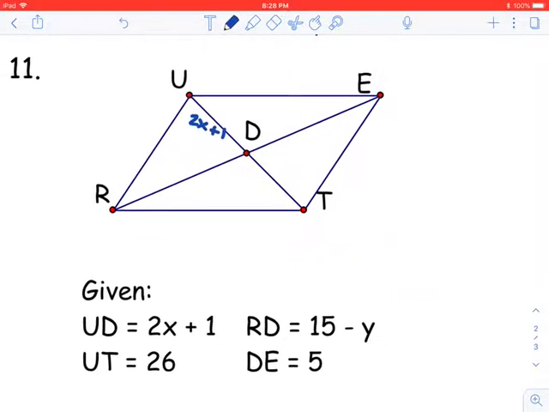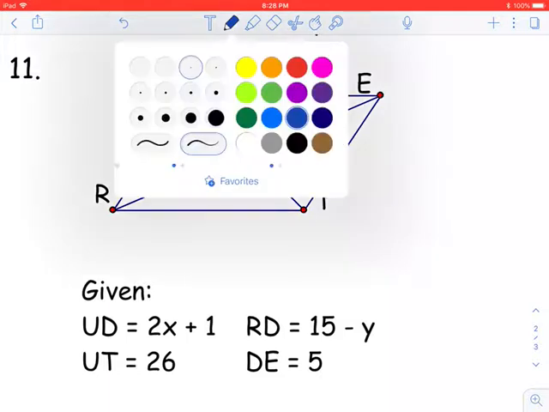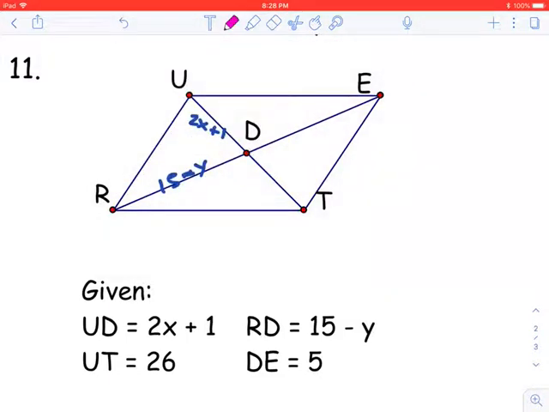And then RD is 15 minus y. And then it says UT. Okay, UT is the whole thing there. UT is 26. And then DE is just that part, which is 5.